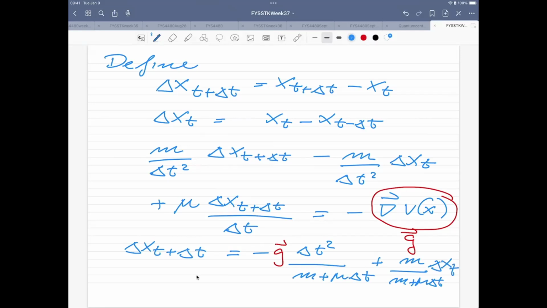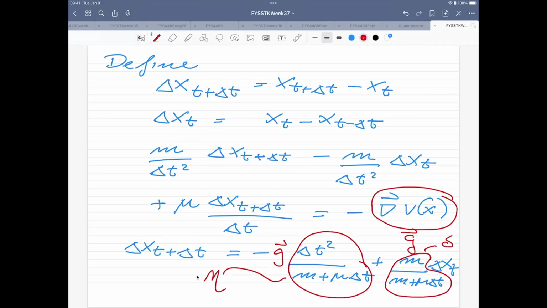And then I'm going to redefine the constants, and you will recognize this term here as something I'm going to relabel as the learning rate, eta, because I have that in front of a gradient. And this term here I'm just going to call delta.